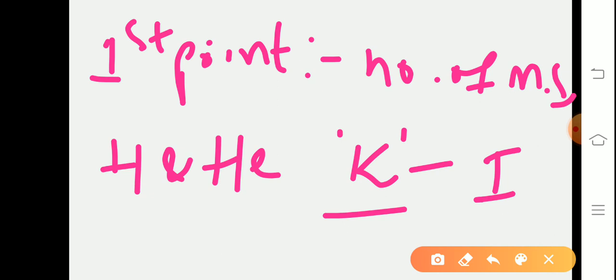Every period starts with a new main shell, right? So the first period starts with the K main shell. You know very well, in the lesson structure of atom you have already learnt about shells and the number of electrons present in each main shell and each subshell, right?